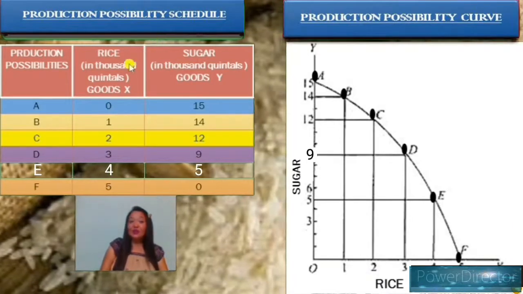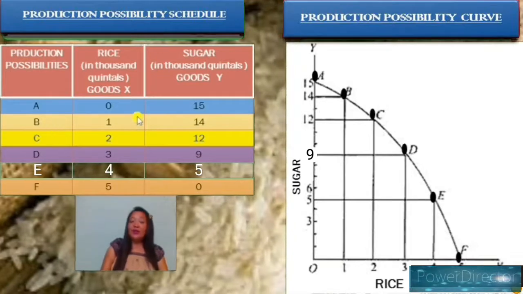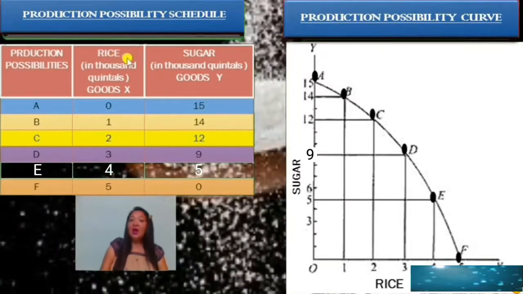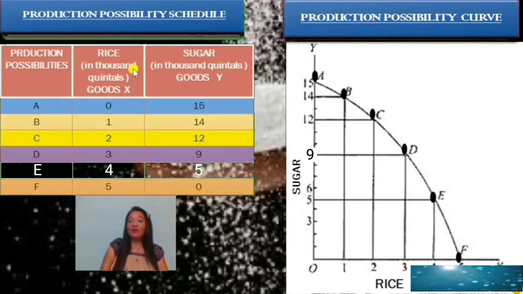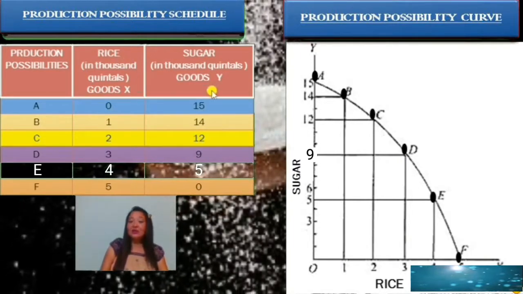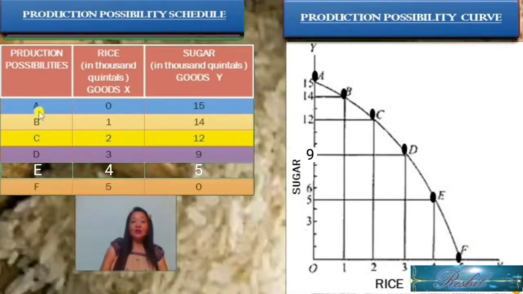It's a table that shows the production possibilities of two commodities. Here we have taken two commodities, rice and sugar. In goods X we have placed rice and in goods Y we have placed sugar.